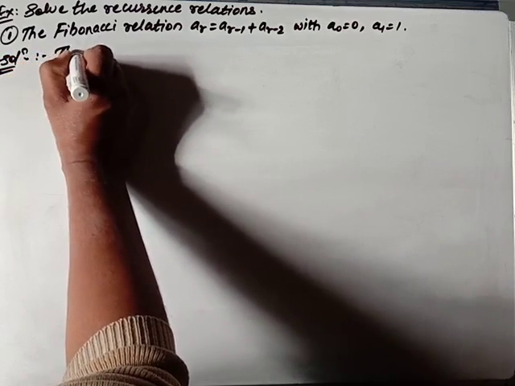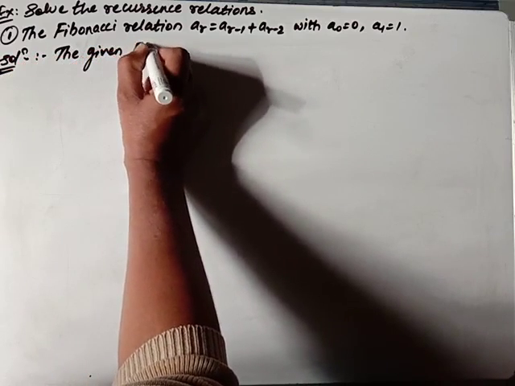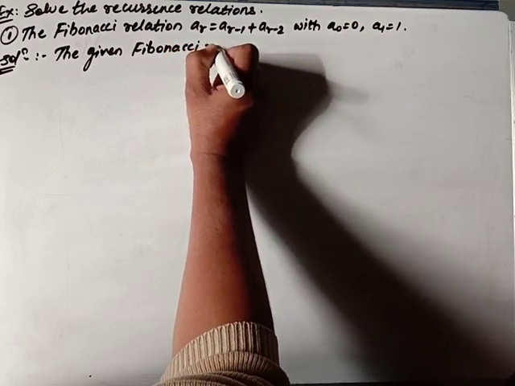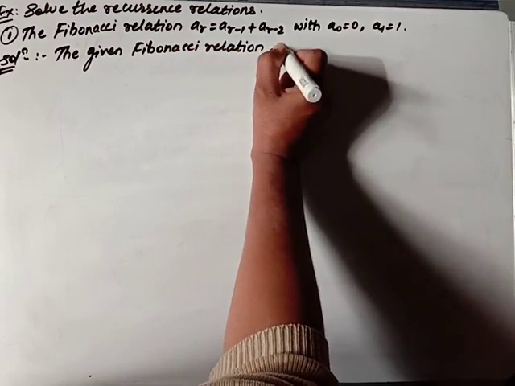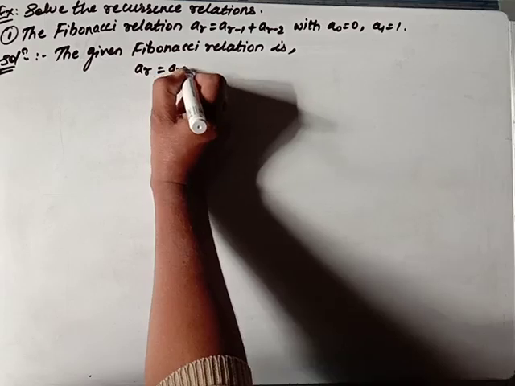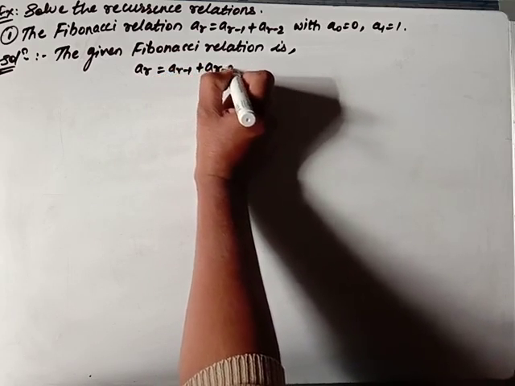The given Fibonacci relation is a_r equal to a_(r-1) plus a_(r-2).